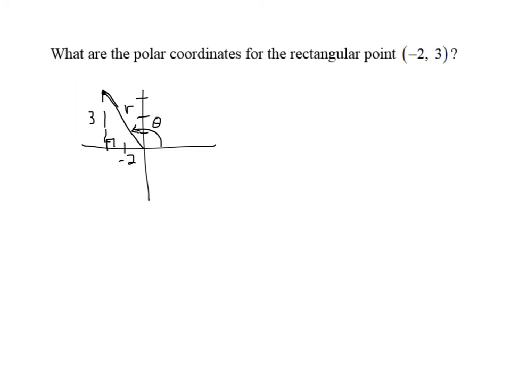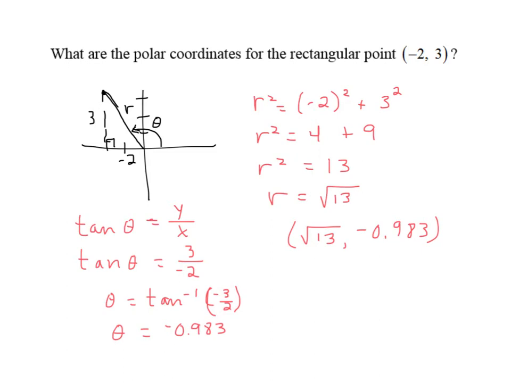All right, so check and see if you got what I got here. The first thing I did was figure out what r was, just using the Pythagorean theorem. I know r squared equals x squared plus y squared, so we get r squared is 13, therefore r is root 13. Now I decided to use the tangent function to help me figure out what theta was.